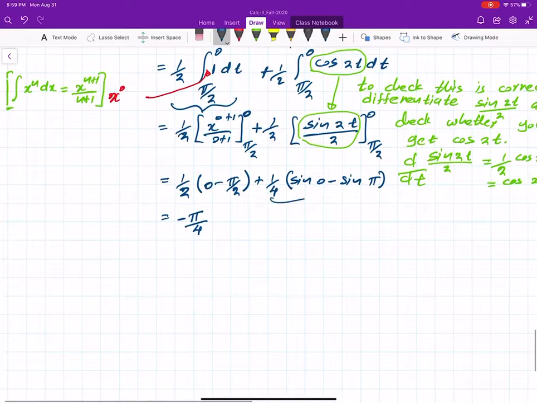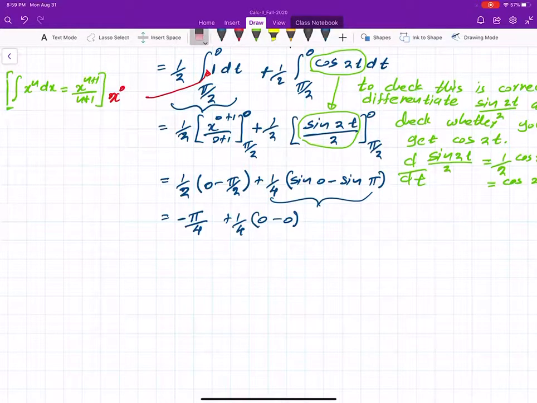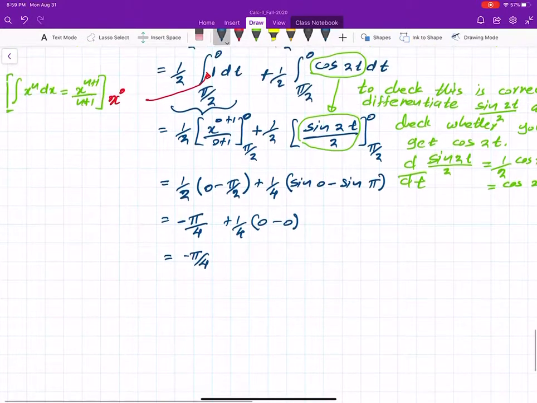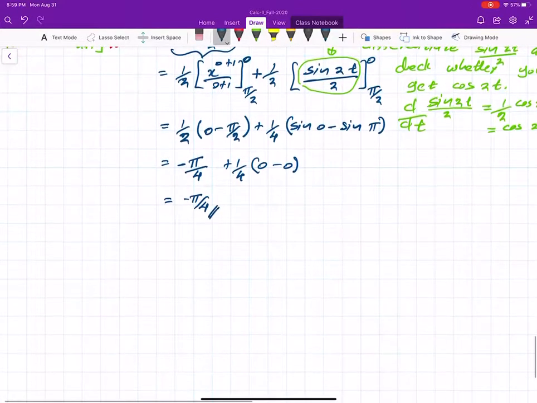And from this part you get plus 1 over 4. Sine 0 is 0. Sine pi is also 0. So if you simplify this, what you get is minus pi over 4. That is the solution.